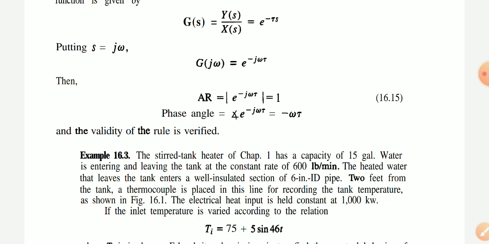Putting s = j omega, G(j omega) = e^(-j omega tau). The amplitude ratio is |e^(-j omega tau)| = 1, and the phase angle of e^(-j omega tau) is minus omega tau. The validity of the rules is verified in this chapter.